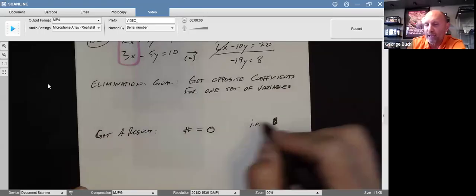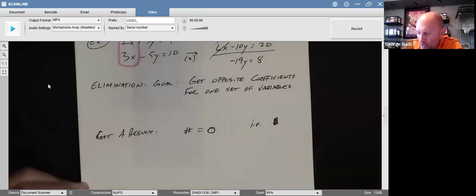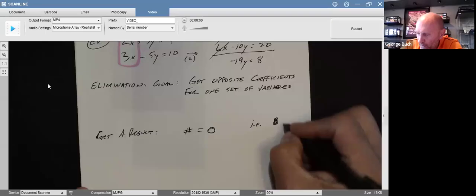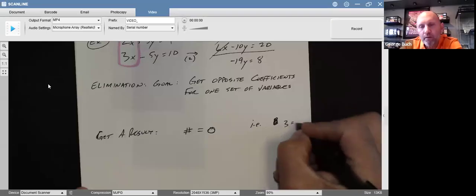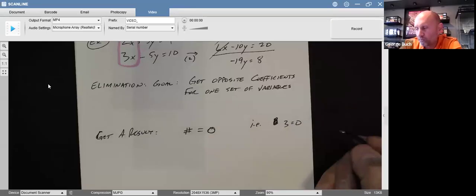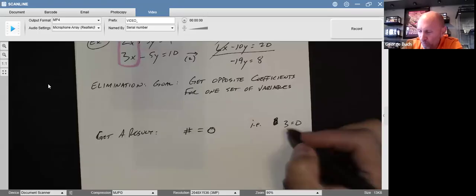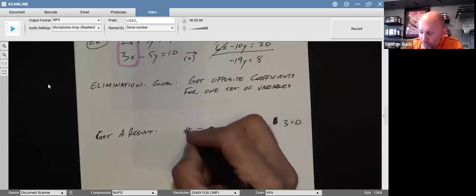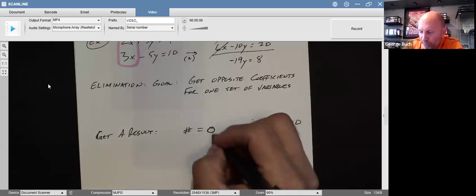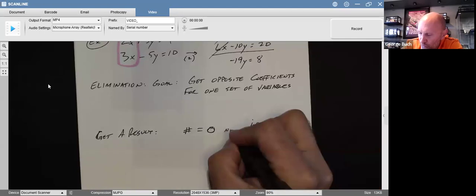Let's say the variables cancel each other out. So I just end up getting a number like 3 equals 0, maybe. Well, that's not true, right? Because 3 can never equal 0. So when I get some number that's not 0 is equal to 0, then this has no solution.